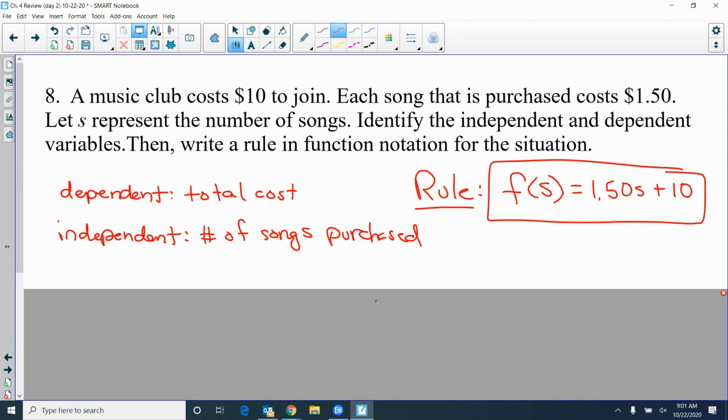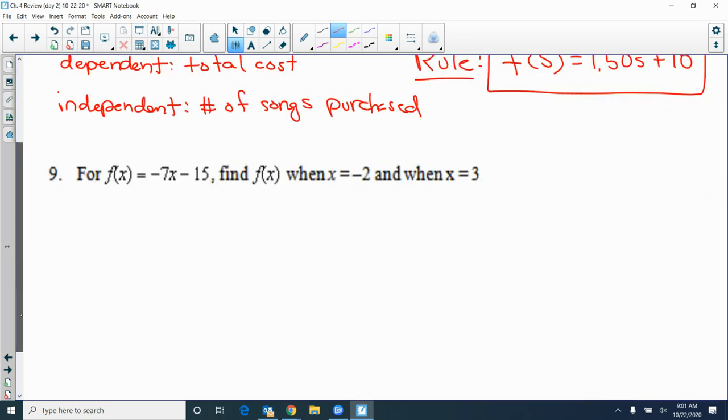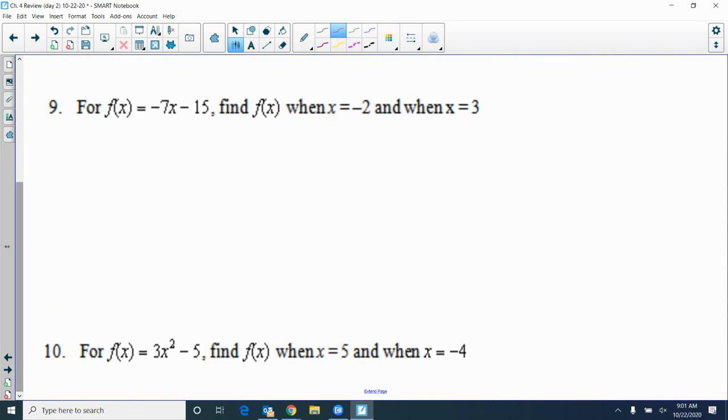All right, so that's 8. Back to your own sheet of paper for 9 and 10. So 9 and 10. All right, you should be able to answer this one. We keep doing this at the beginning of class. You do 9 and 10, do it on your own sheet. See what you come up with.